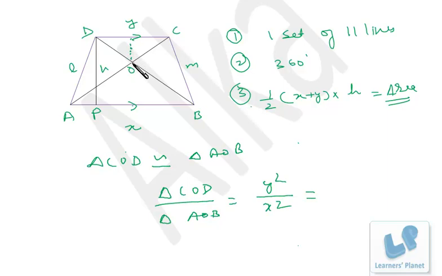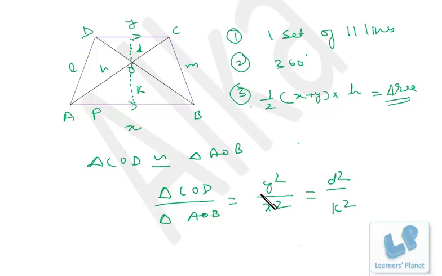Maybe the length of this altitude is, suppose, D, and the length of this altitude is, suppose, k. So it's D square by k square.